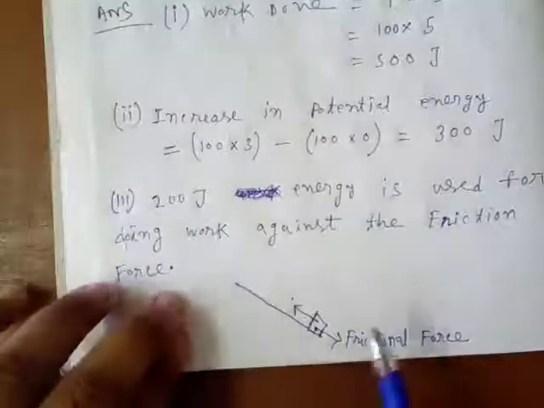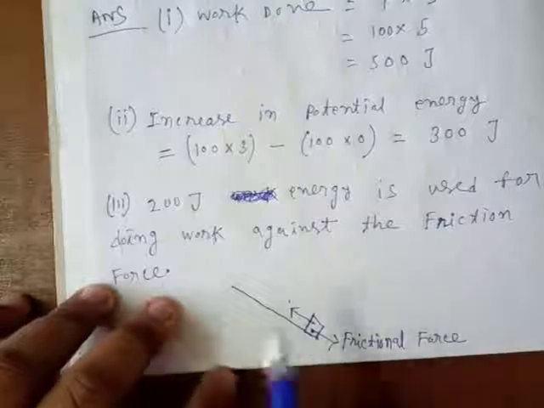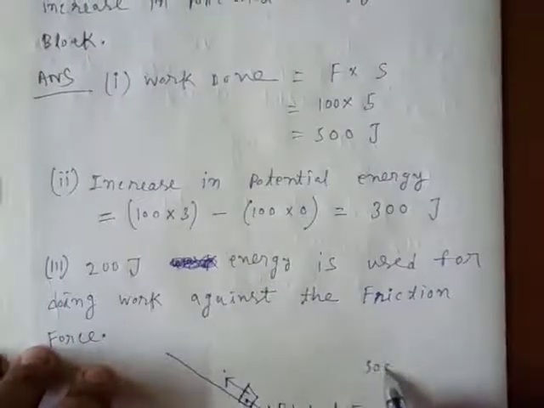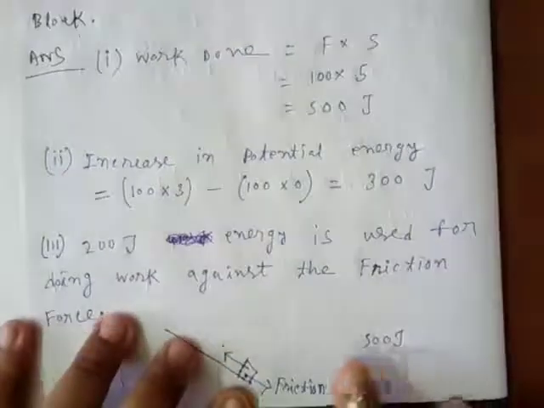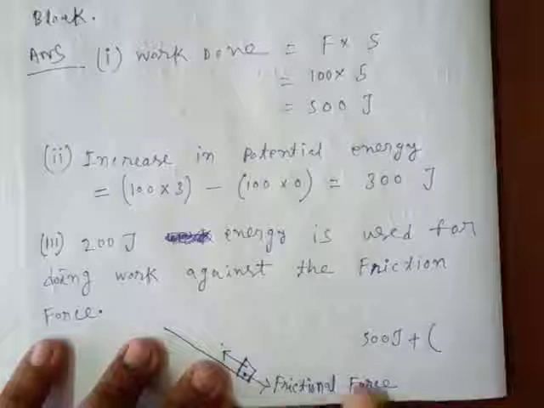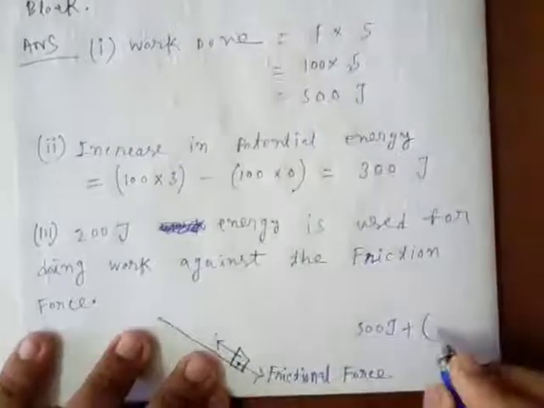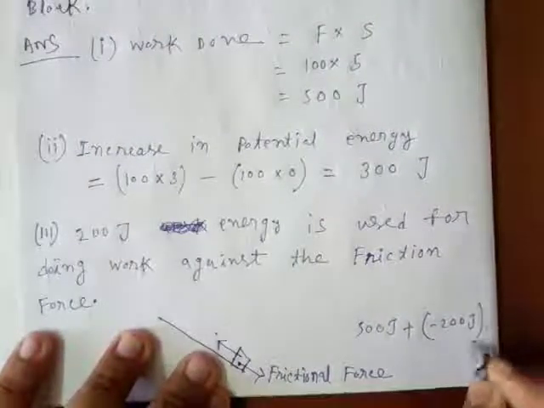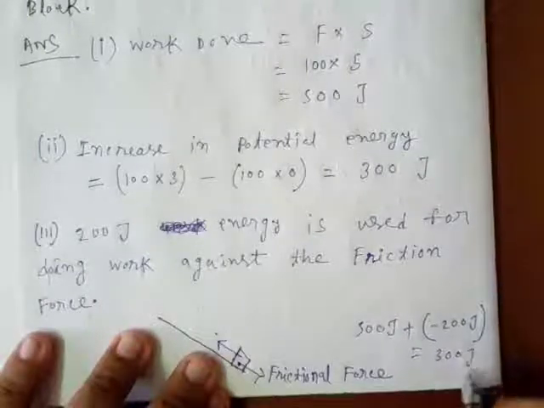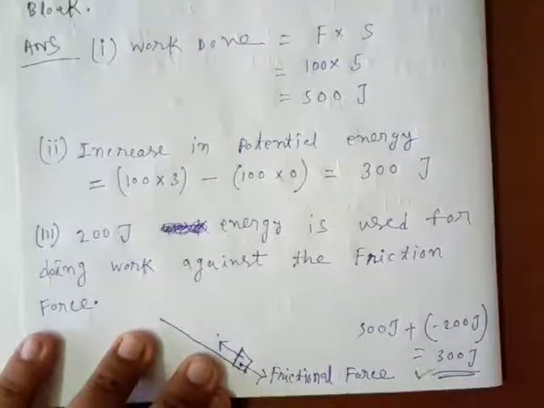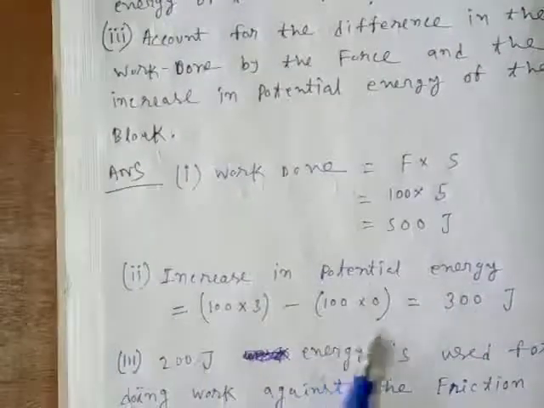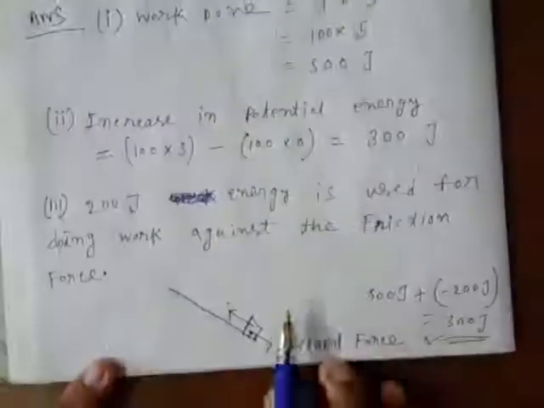That means the resultant work done by all the forces in the system will be 500 joule, which is work done by the applied force, plus the negative work done by frictional force, which is 200 joule, so the resultant value of the work done will be 300 joule. So that is the 300 joule. So the increase in potential energy is 300 joule.